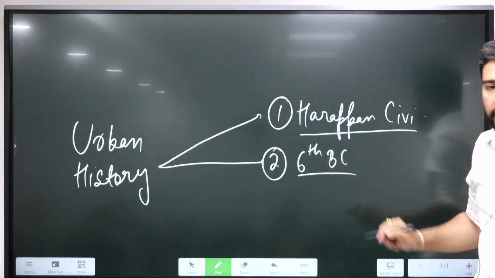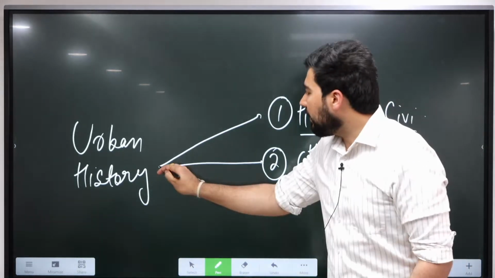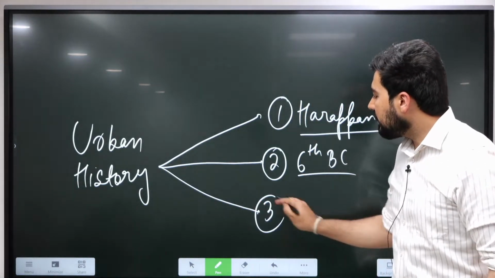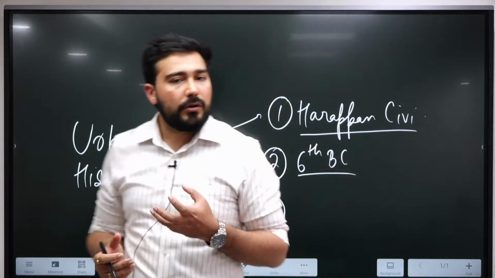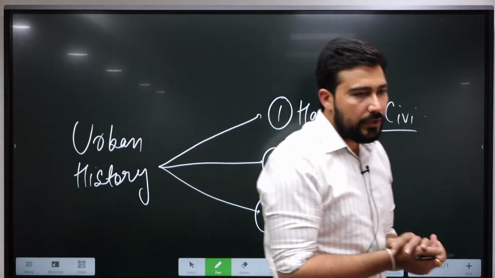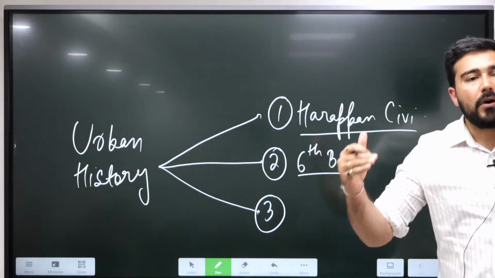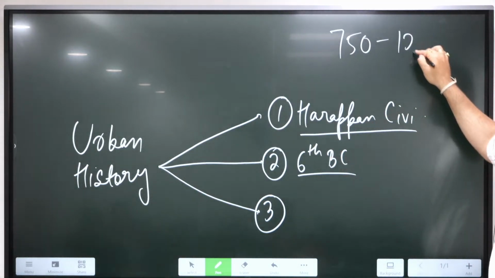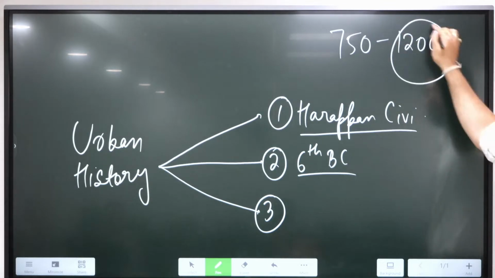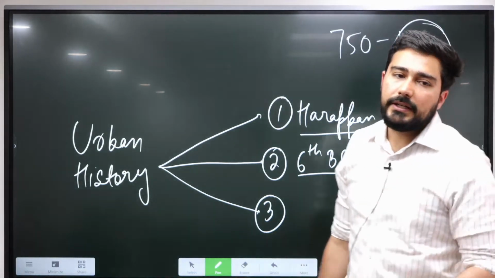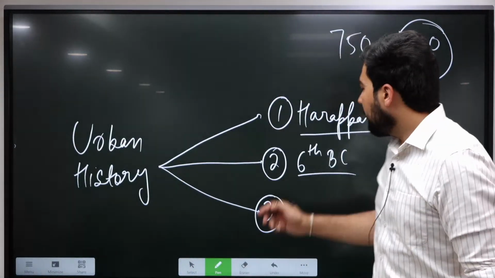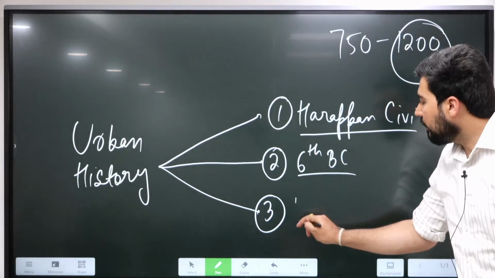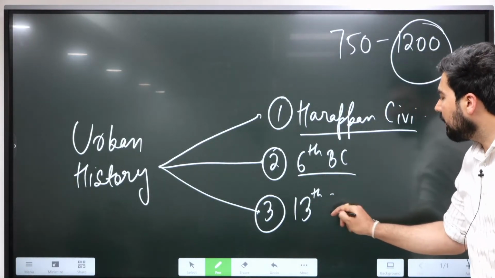This is the second phase. During the early medieval period, we had discussed yesterday that there was decline of economy, paucity of some of the coinage also. So cities were on the decline. So starting from this period, by 1200, we again see the rise of cities, the city networks. That's why the third urbanization, you can roughly say it is 13th century.